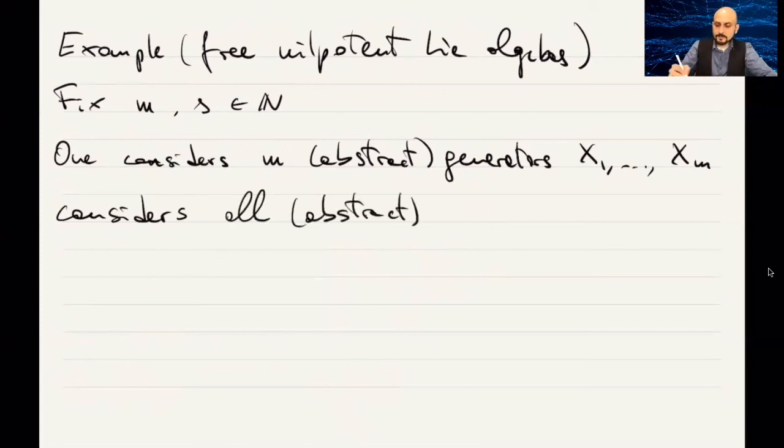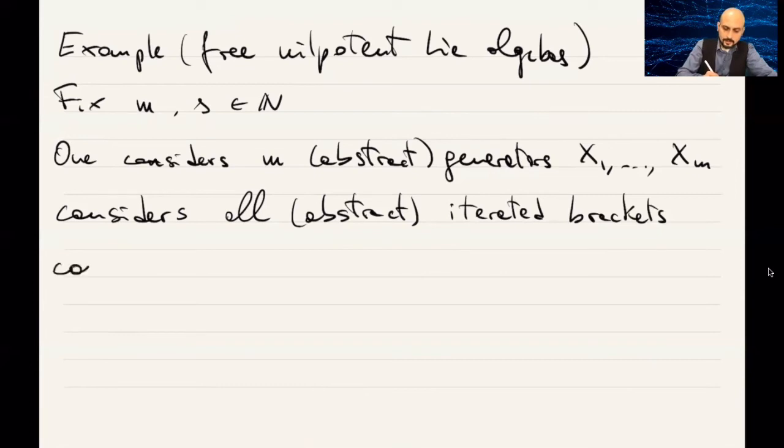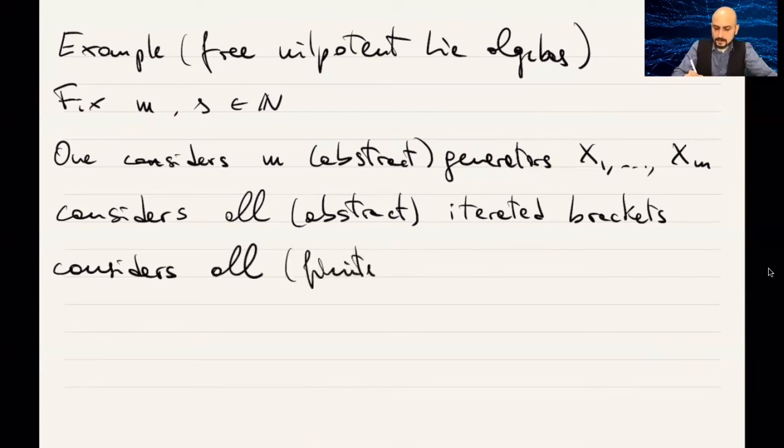Abstract means that you consider them as objects that are linearly independent from the previous ones. And then one considers all possible finite linear combinations.